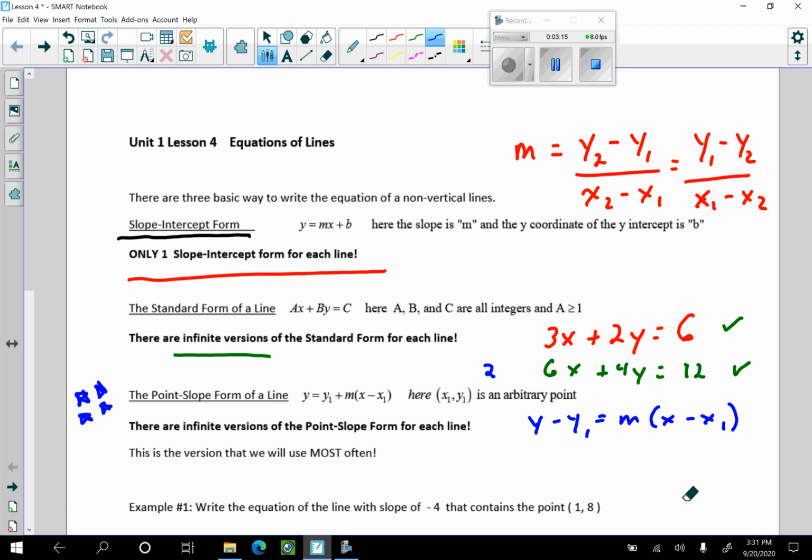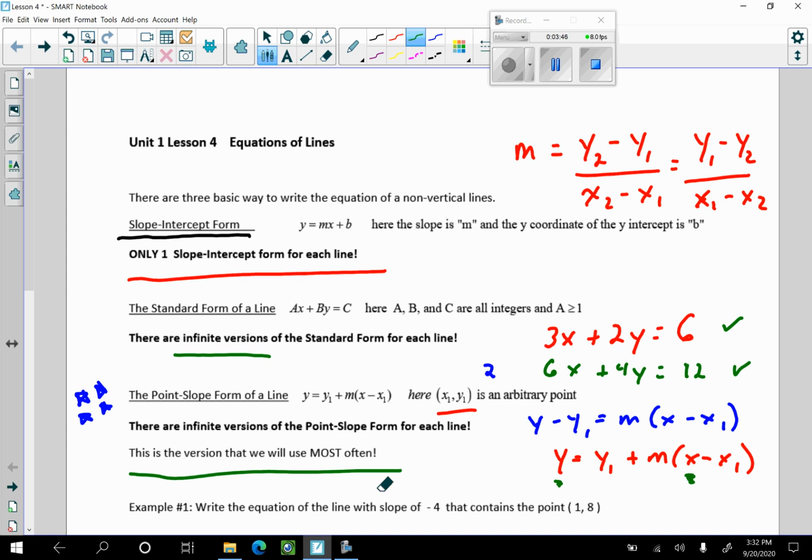But all we're simply going to do is take this y coordinate and add it to both sides. Hence our version of the point slope form, where the point x sub 1, y sub 1 is the arbitrary point, and x, y are the variables in this equation. This is the version that we will use most often. We will certainly use it when we're writing parallel and perpendicular lines.